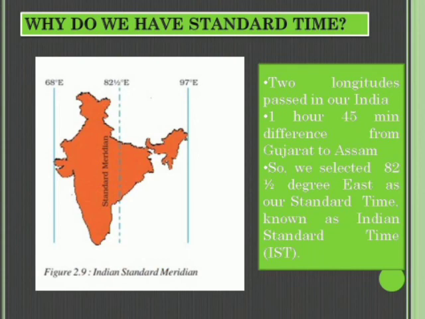So what we decided is that the center point we selected is 82.5 degree east, and we follow this timing. For our India, we have only one time zone, which we call the standard meridian of India. We refer to it as IST, Indian Standard Time. In which degree? 82.5 degree east side.